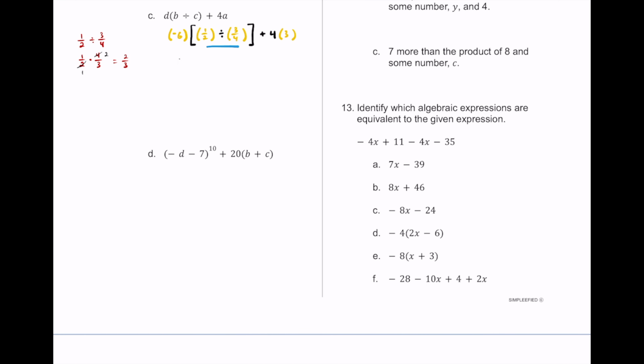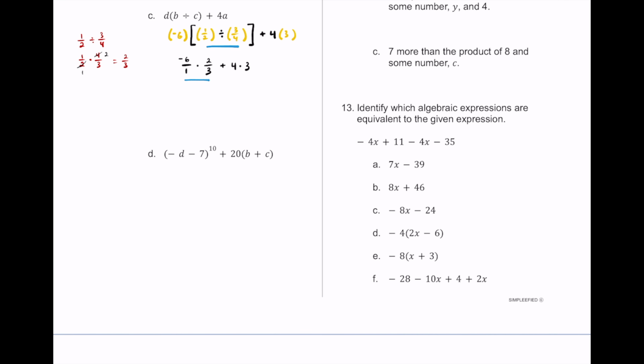Next step here, we're going to have -6, which I'm going to write as -6/1, and then multiply by this 2/3 that we just got here. So hopefully that makes sense. I rewrote -6 as a fraction just because I know we're going to have to multiply those in a moment. And I'm going to write 4 times 3 using a dot because it's a +3, so it's just a little bit less writing here. Now let's go ahead and multiply these two.